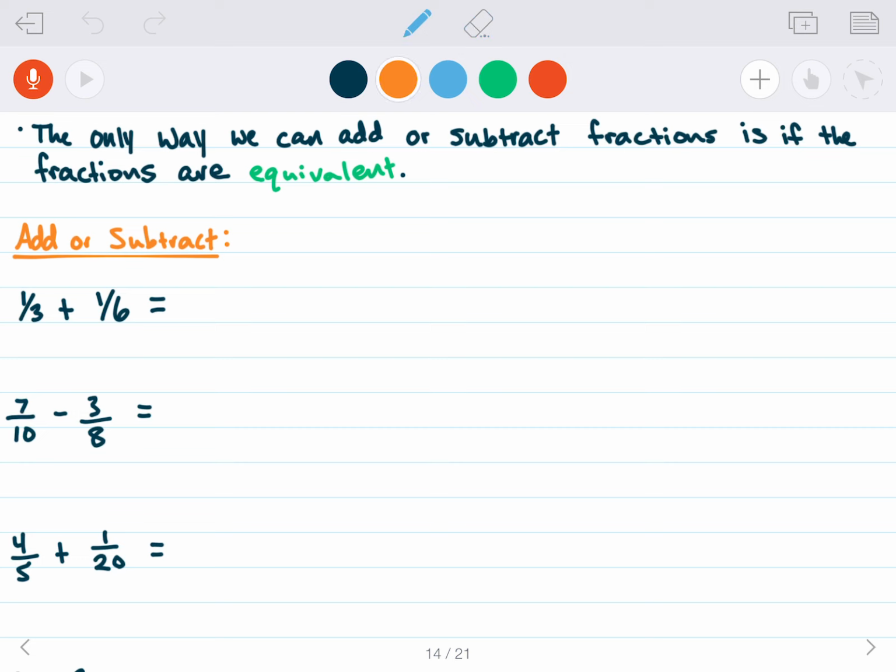So I mentioned up here we can add or subtract fractions if the fractions have the same denominator, all right? So take a look at this. We have 1/3 plus 1/6. And right now, if you envision this, we have 1/3, which is this, and then 1/6, which, oh man, I can't draw a 6 very easily, but let's try it out.